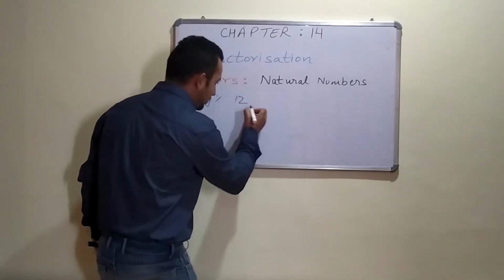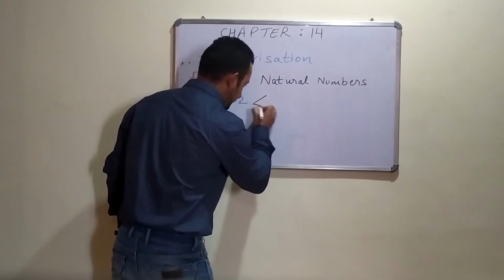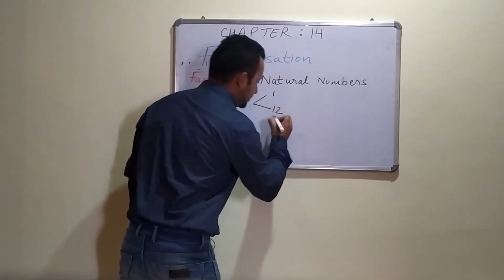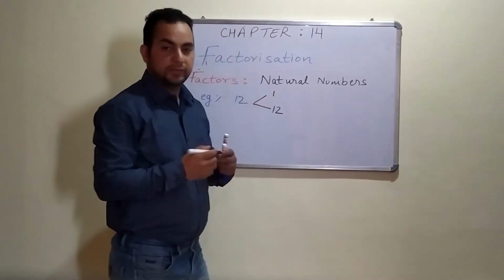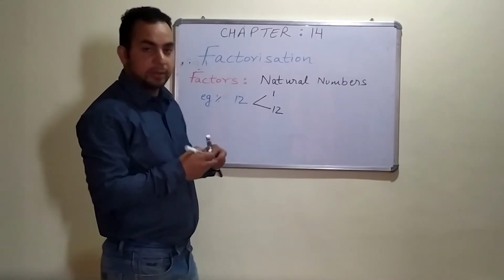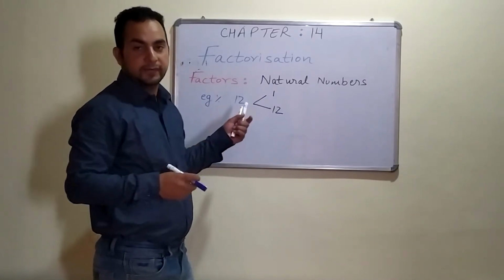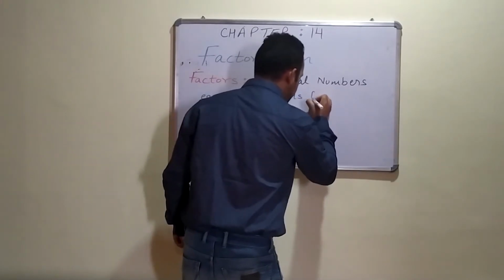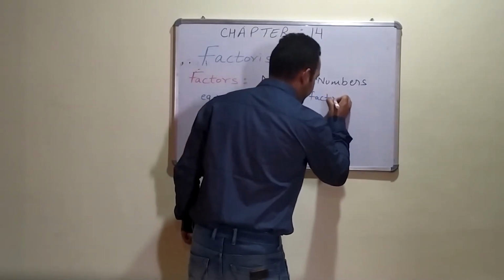The factors of 12: number 1 is a factor, and 12. 1 and 12 are factors of 12. And the number 1 is a factor of all the numbers.